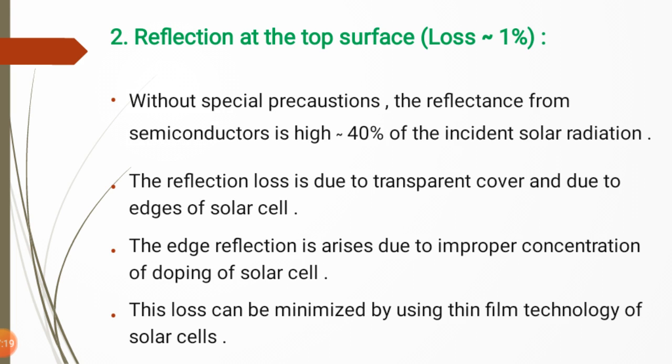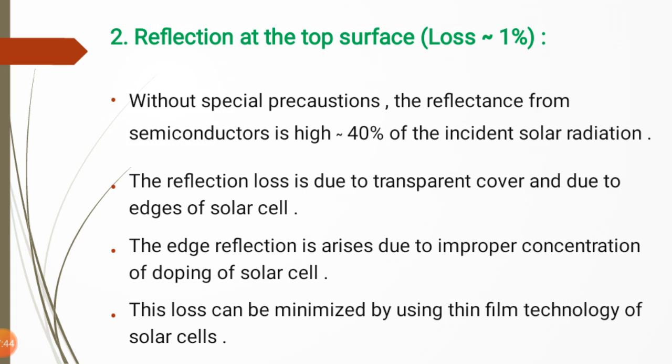So if we introduce an improper concentration of the doped material, then there is a problem, that is there is a reflection from the edge of the solar cell, which is not good for the efficiency because it introduces some solar radiation losses, and so we get less current or less amount of heat from the solar radiation due to reflection.